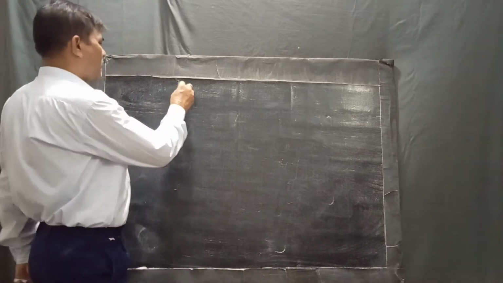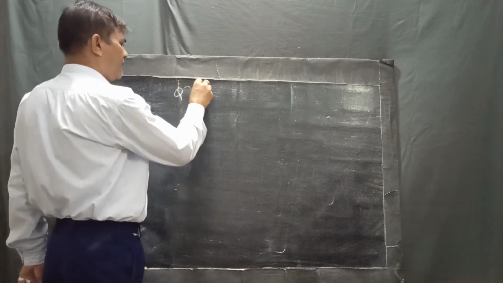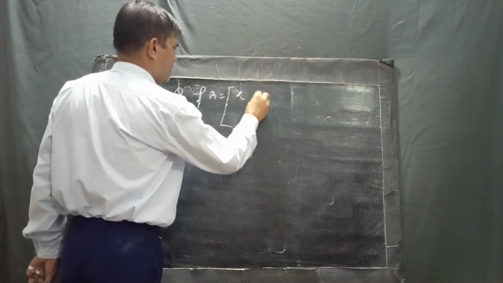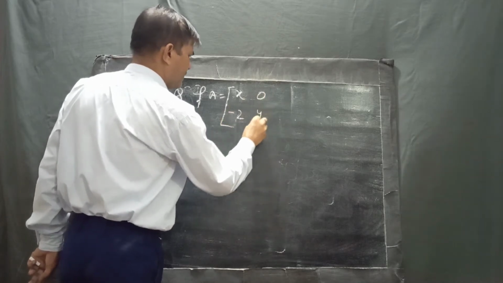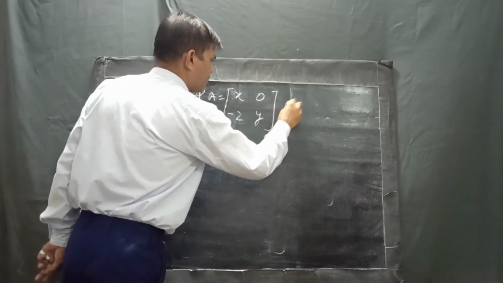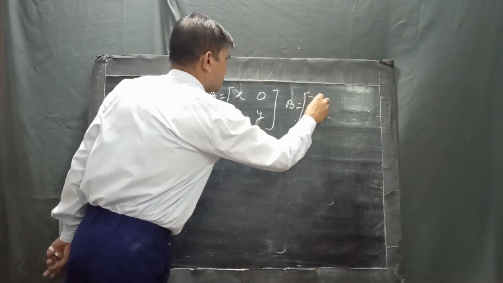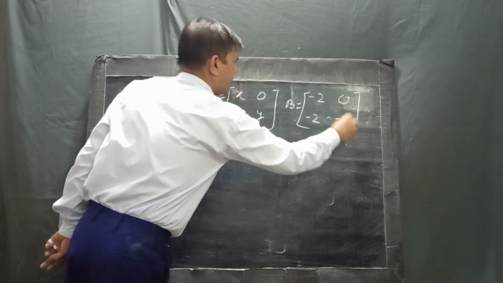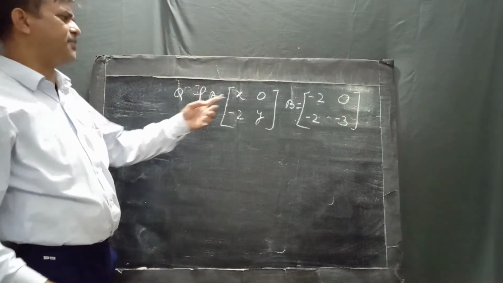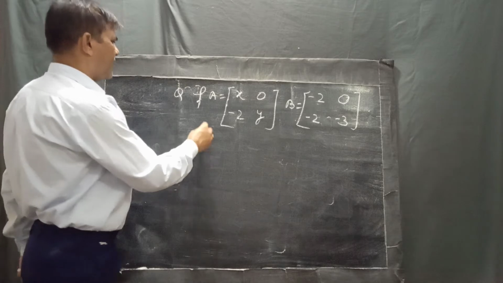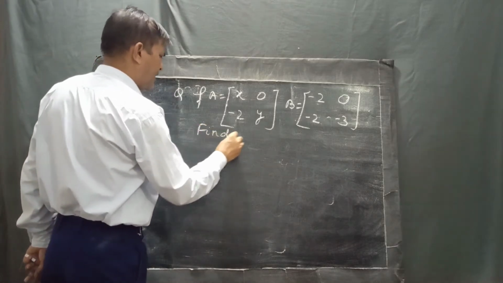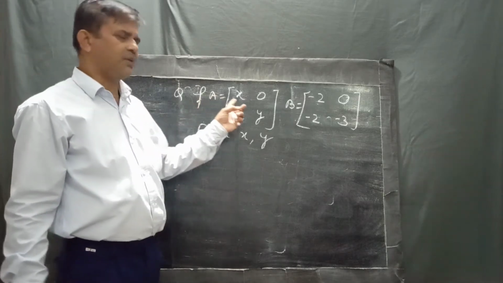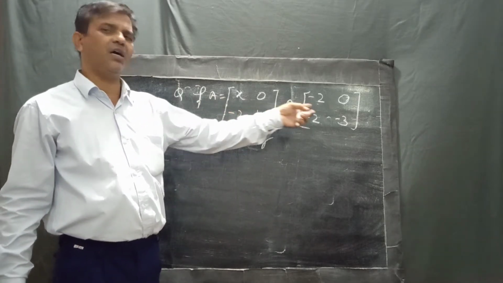Okay, so question: if A equals x 0 minus 2y and B equals minus 2 0 minus 2 minus 3, there are two matrices A and B, and you have to find the values of x and y. So this question is based on equality of two matrices.